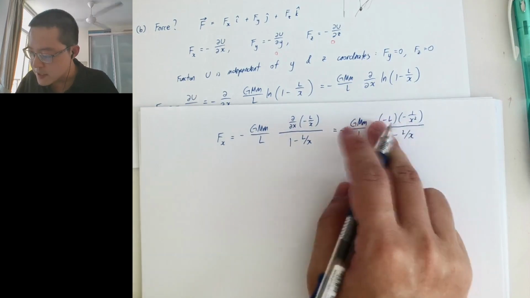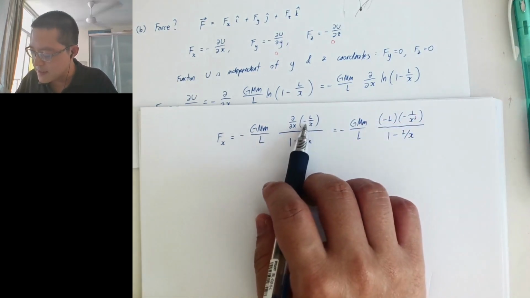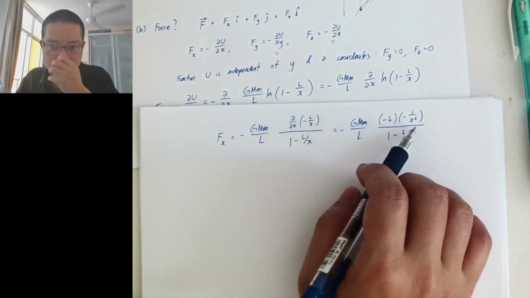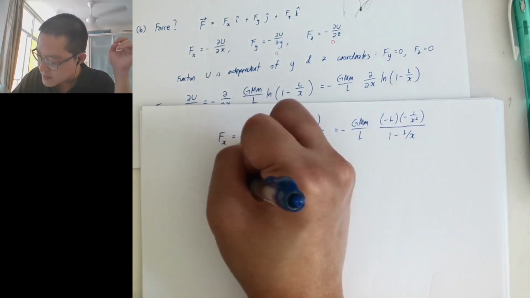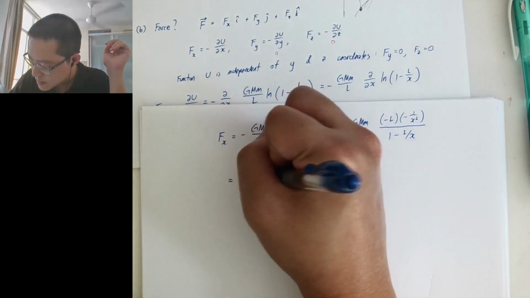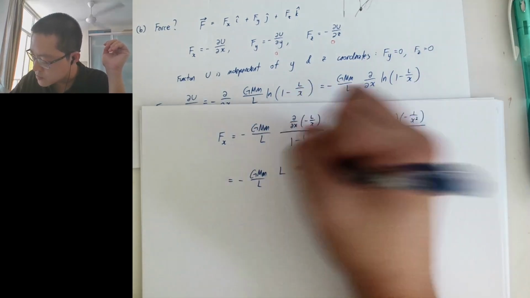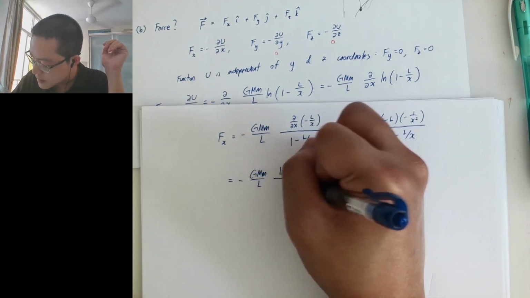Differentiating 1 over x, I got a negative sign. So I got 3 negative signs, and in the end, you just need 1. So GMm over L, and there's an L to cancel this, and then I got 1 over x squared, 1 minus L over x.